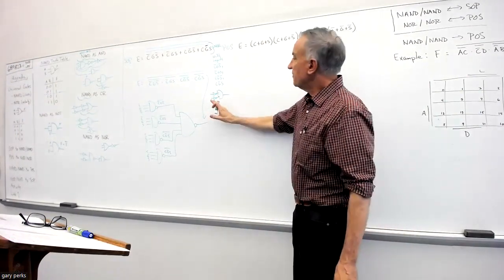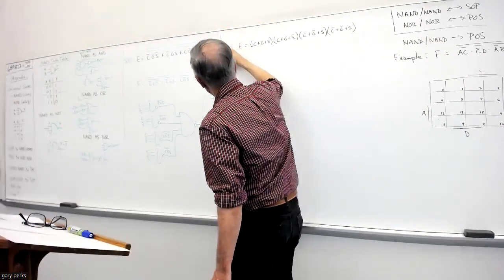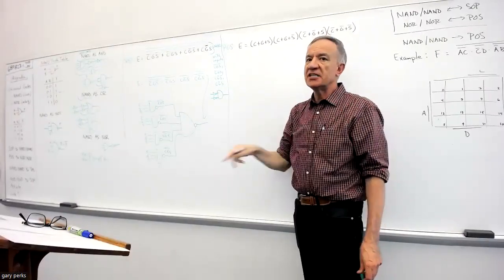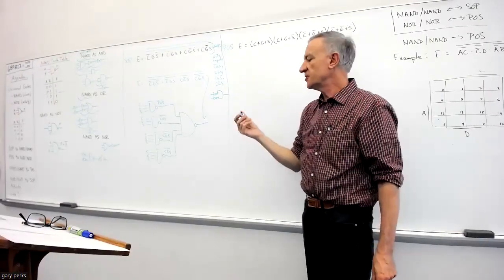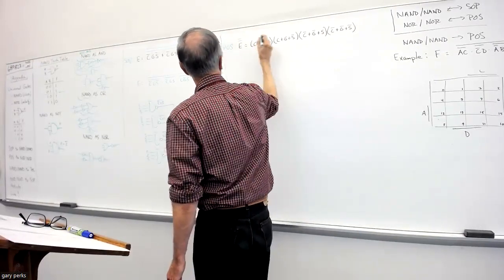All right. If this made sense to you, the next thing we're going to do, go from POS to NOR, is very similar. So we start out double NOTing both sides of the equal sign.